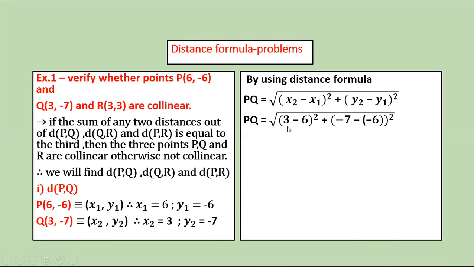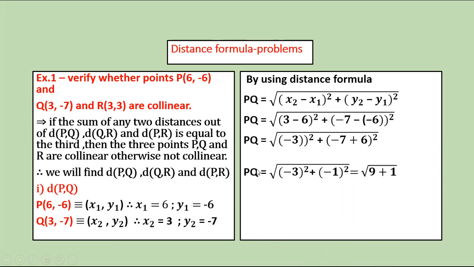x2 is 3, minus 6, squared, plus y2 is -7, minus y1 which is -6, squared. So PQ is equal to square root of (3 minus 6, which is -3) squared plus (-7 minus minus 6, and minus minus is a plus, so -7 plus 6) squared.